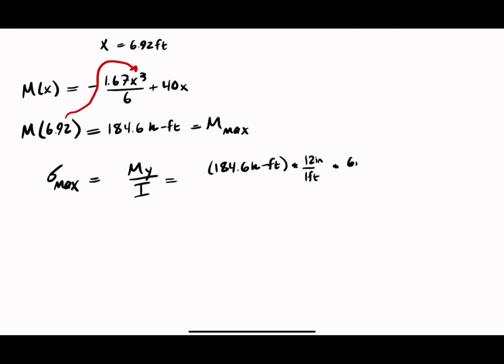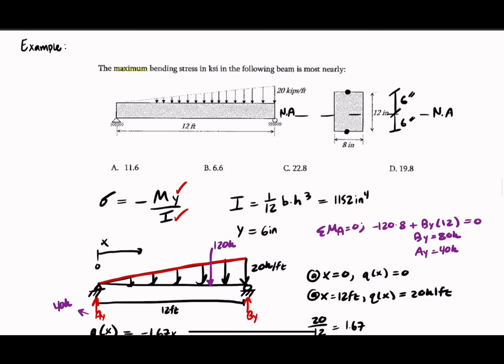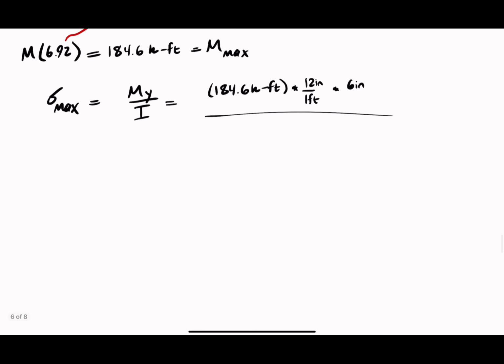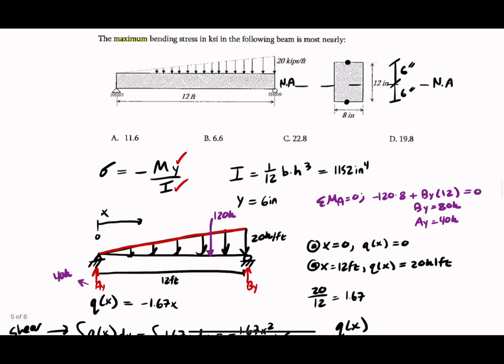So we just plug in the 6 inches. And then the I, well, we solved that as 1152. So let's solve that out. That comes out to be 11.5 ksi. So our closest value is this 11.6. So we're good.